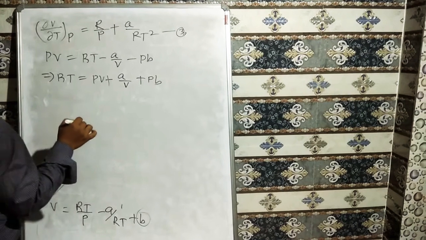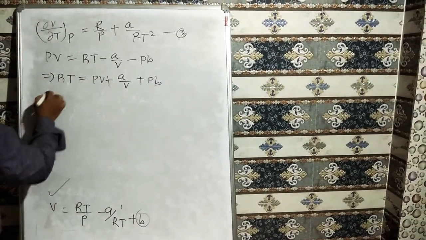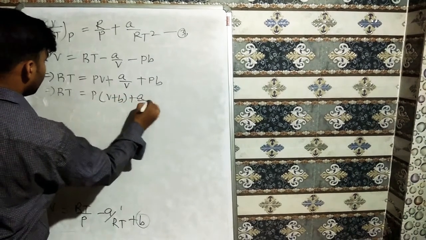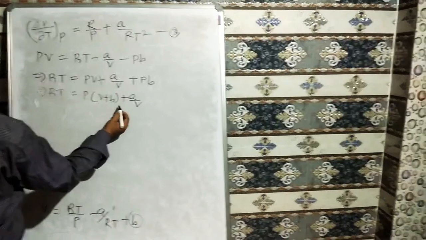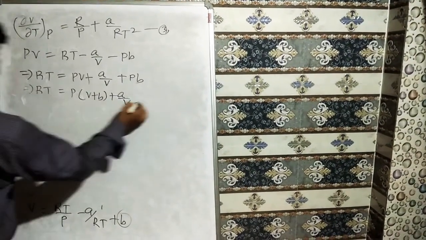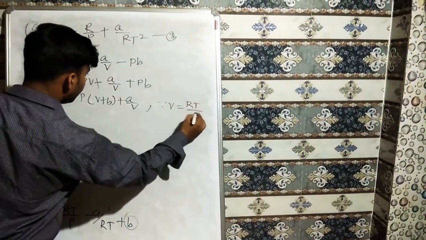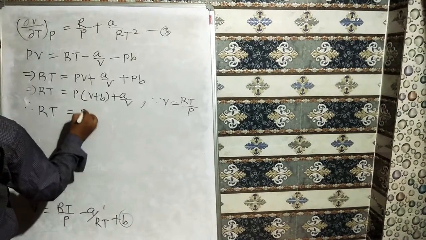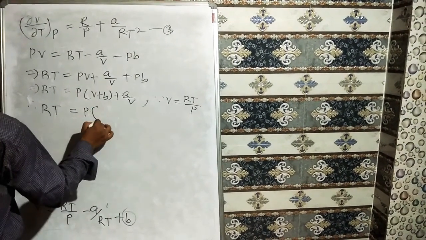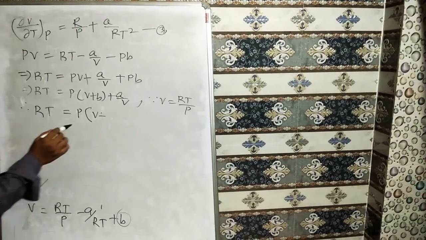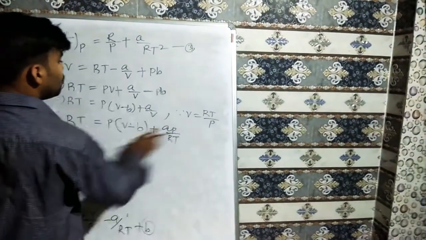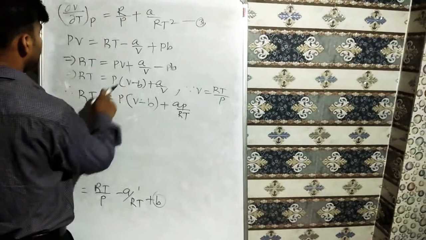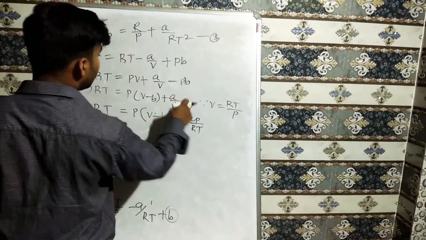Taking the common P, RT equal to P into V plus A by V. But we know V equal to RT by P. Now if we put the value of V, which is equal to RT by P in this term, we get RT equal to P into V minus V plus A P by RT.